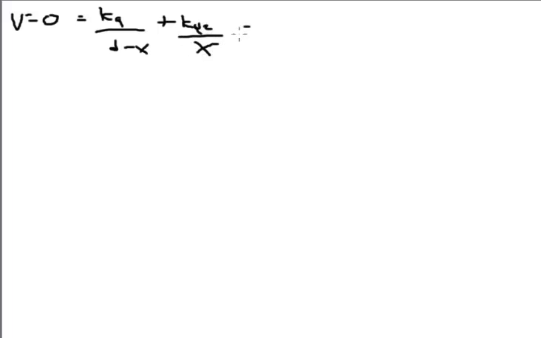If you solve for that, you get q1 x equals negative q2 times d minus x.